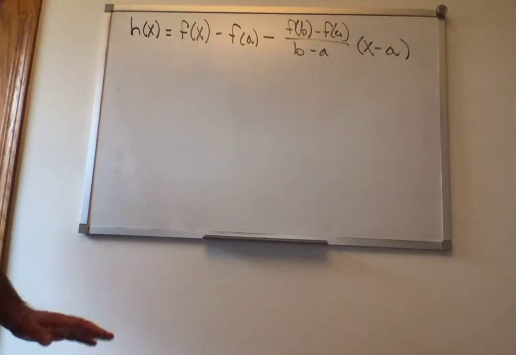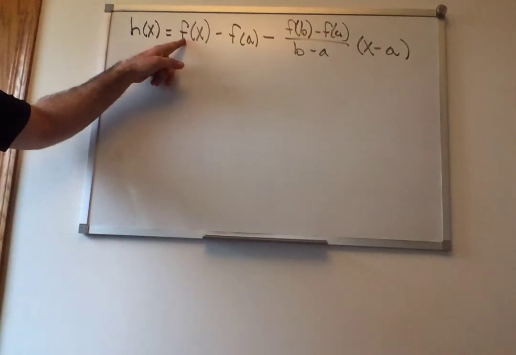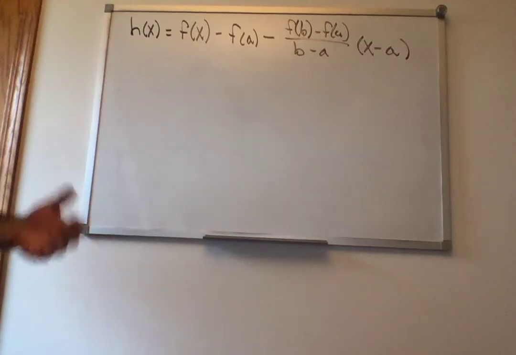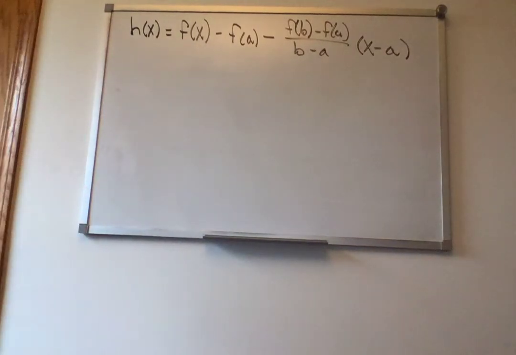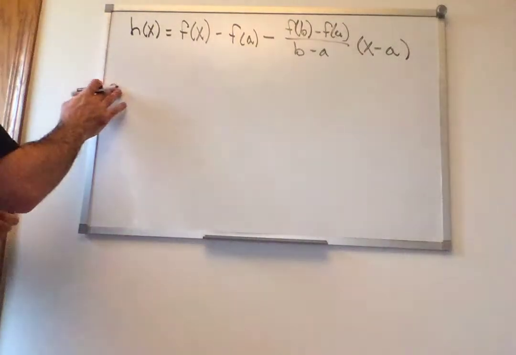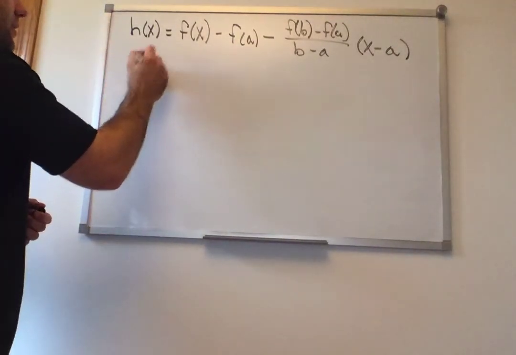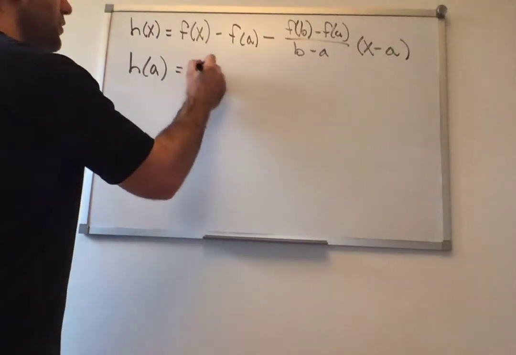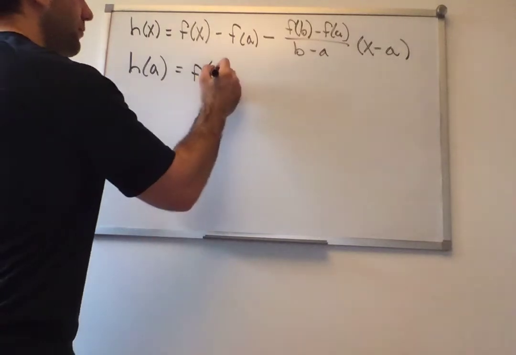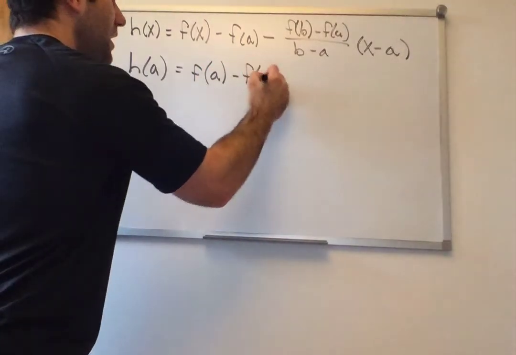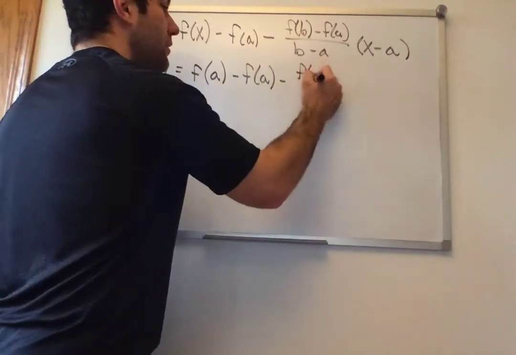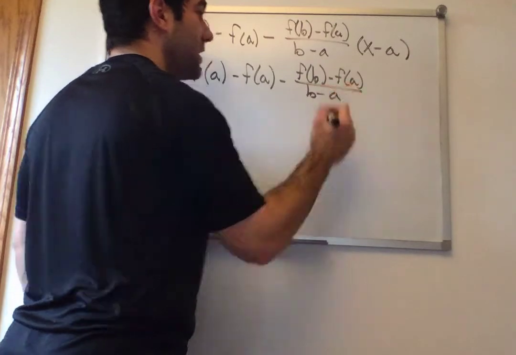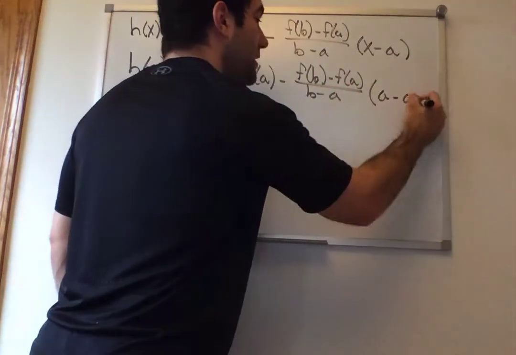When we initially started this, we assumed that f was continuous and differentiable on the interval from a to b. So, that satisfies the first two conditions of Rolle's theorem. Now, let's find h of a. Well, that's equal to f of a minus f of a minus f of b minus f of a divided by b minus a times a minus a.